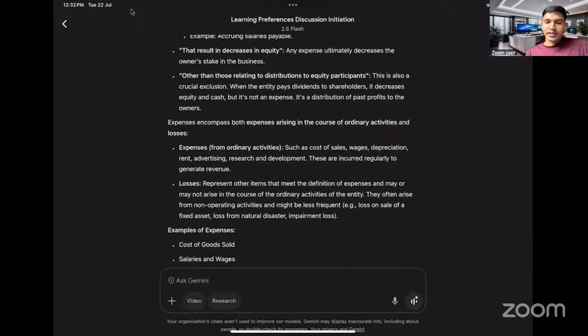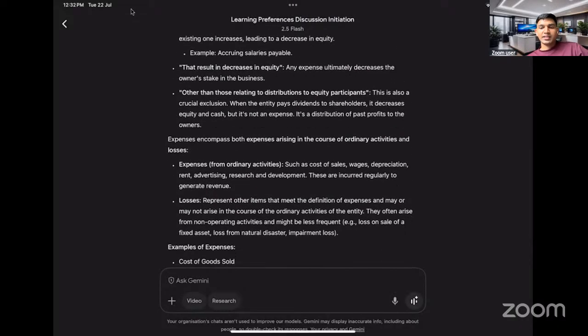Other than those relating to the distribution to equity participants, this is also a crucial exclusion. When the entity pays dividends to shareholders, it decreases the equity and cash, but it's not an expense. It's a distribution of past profits to the owners.